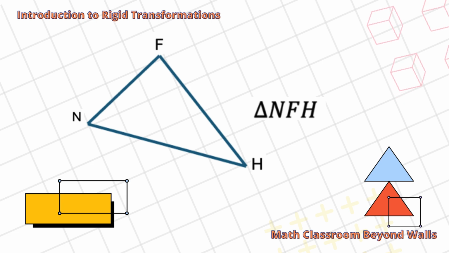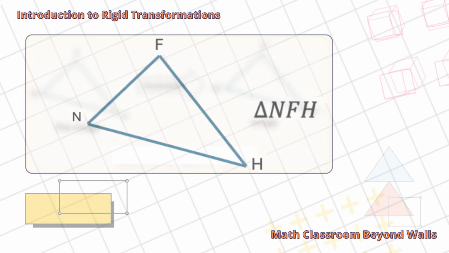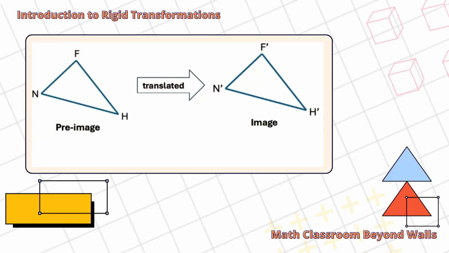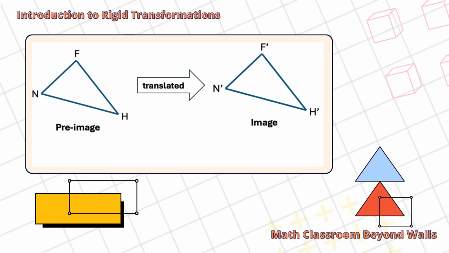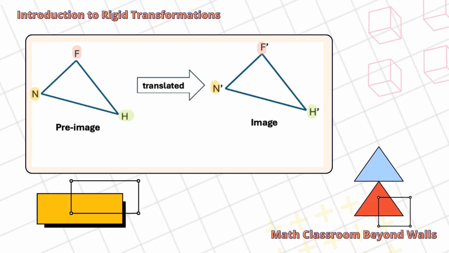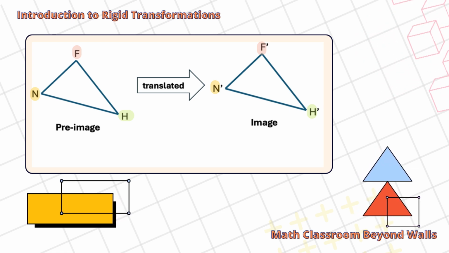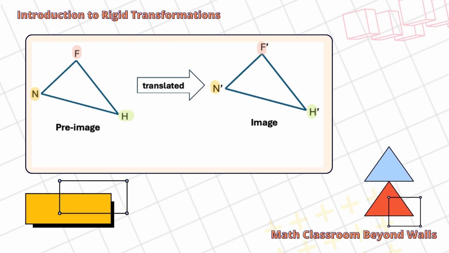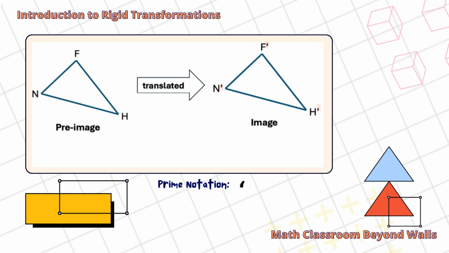If triangle NFH is translated, the process could be illustrated this way. You notice that the pre-image and the image use the same set of letters for their names. To differentiate the pre-image from the image, if they are named this way, the image is denoted by the prime notation, like what we have in the illustration.